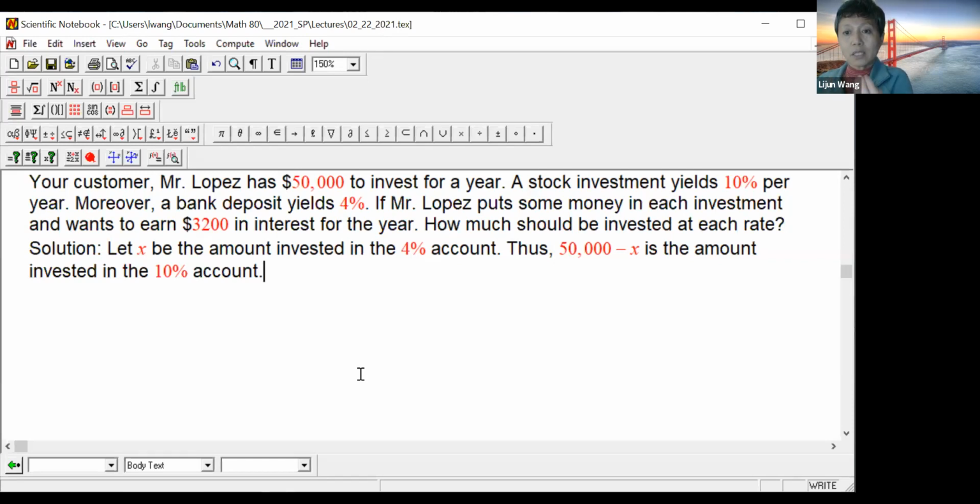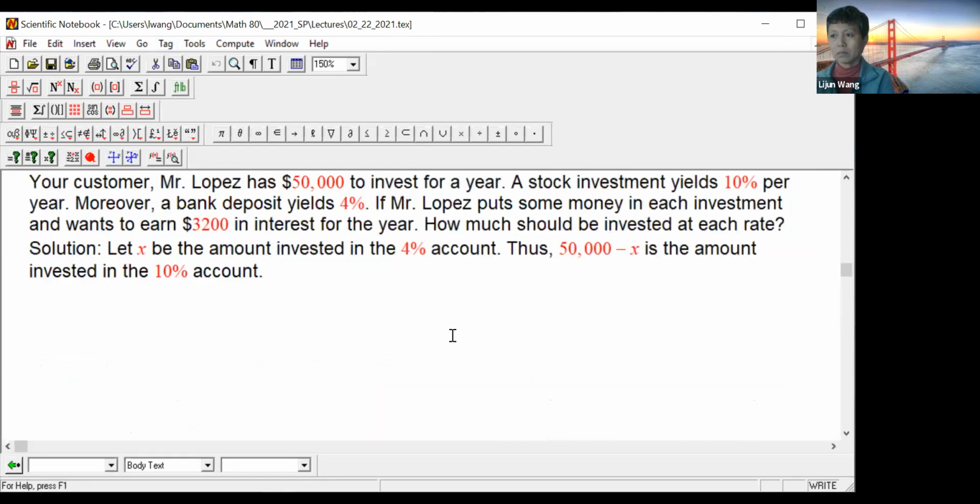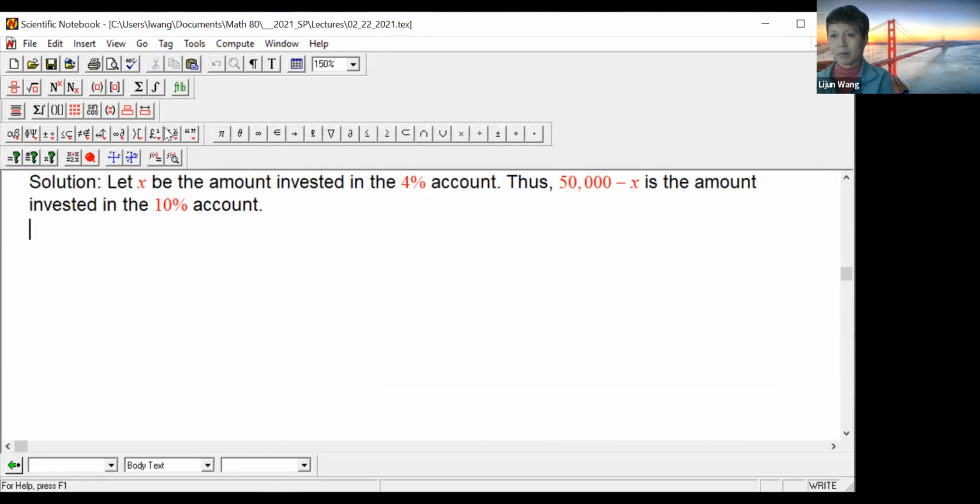The criteria I use to grade everybody's work is going to be the same, and I'm showing you. So, let X be the amount invested in the 4% account. 50,000 minus X is the amount invested in the 10% account. You can attach a table to help the reader.